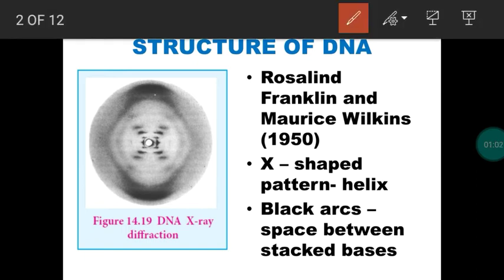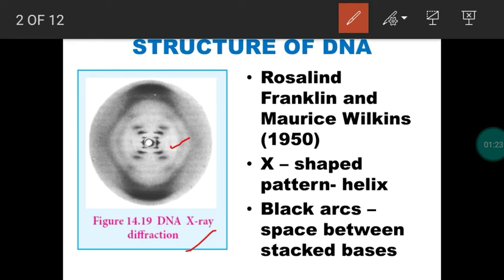So this is the diffraction pattern of DNA. Here there are two observations. One is an X-shaped pattern. This represents the helix structure of DNA, so DNA has a helical arrangement.